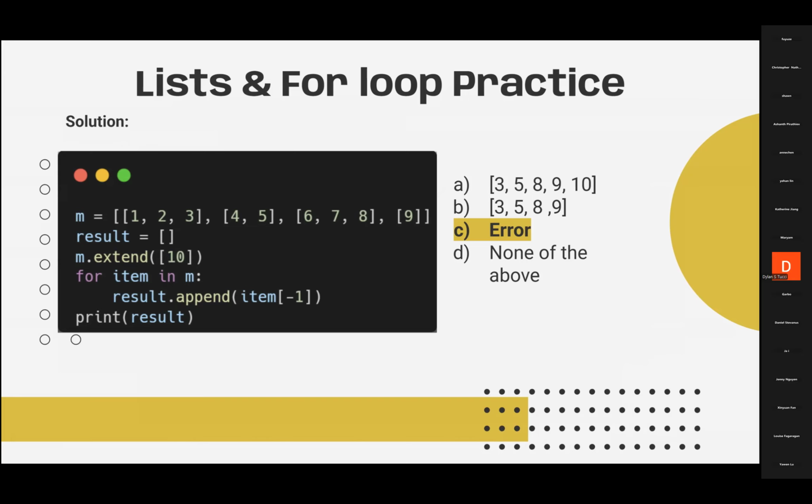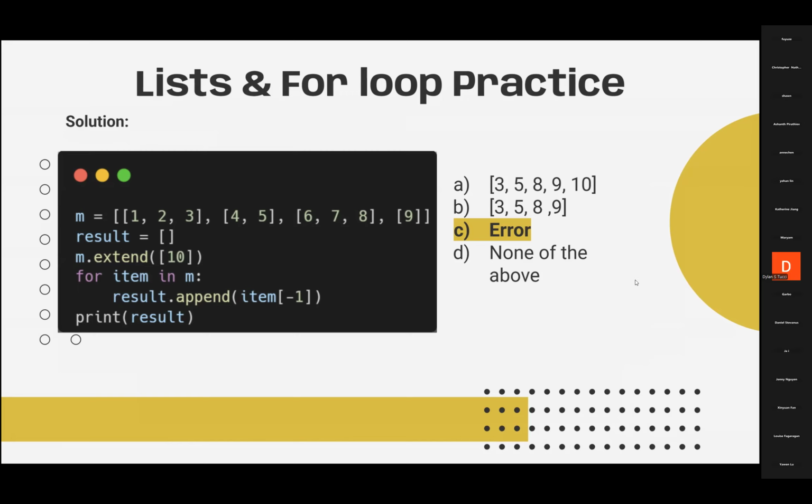So when you traverse the whole M and reach the element 10, since it's not a list, you cannot access the last element of a number by -1. This is a type error. Okay, does anyone have any question?